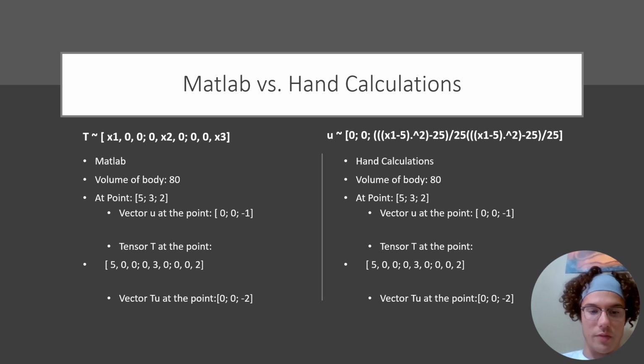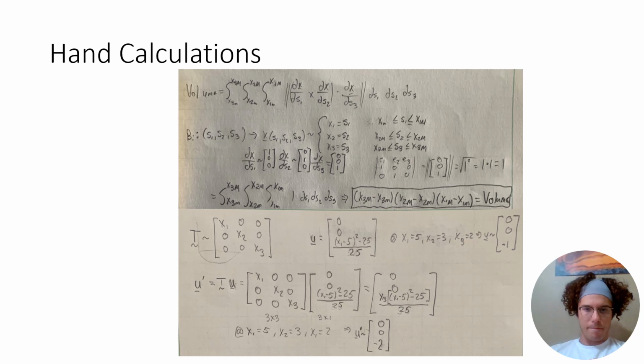Our tensor T, which we said was in our diagonal entries, was just our x1, x2, and x3 point. So we got 5, 3, and 2. And then our vector u prime, which is equal to our vector u acted on by tensor T, we ended up getting (0, 0, -2). We can see that our MATLAB calculations were exactly the same as our hand calculations, which is good.